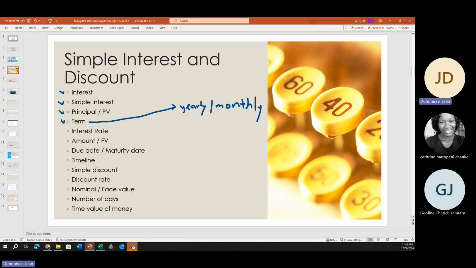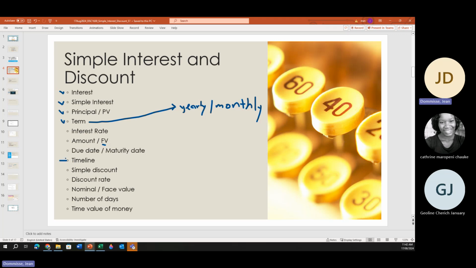Then the interest rate, and simple interest is exactly the same. Then we look at your future value, or the amount at the end of the term. So that is basically your present value plus some interest will give you your future value.